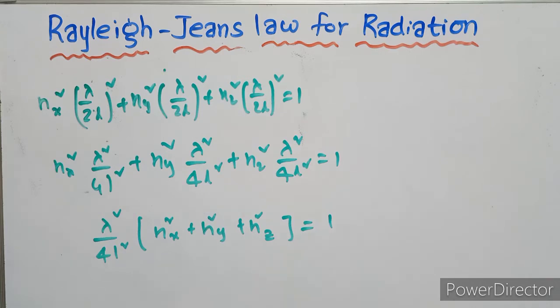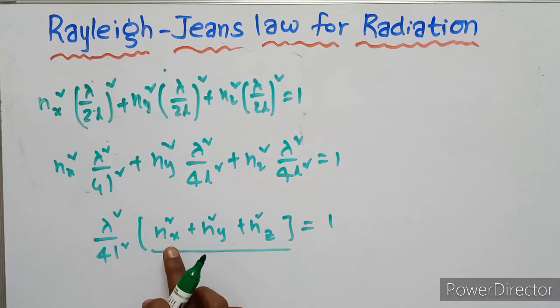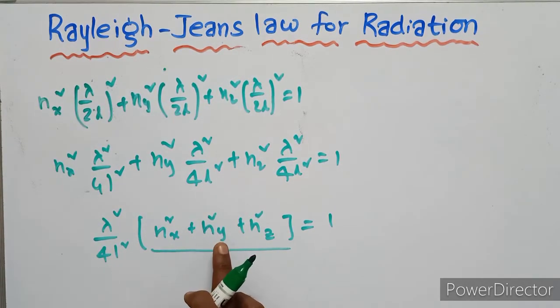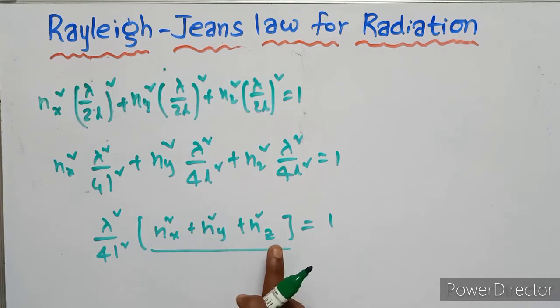But the spherical symmetric law is given by nx² + ny² + nz². Here n is the number of loops along the x axis, the number of loops along the y axis, and the number of loops along the z axis.